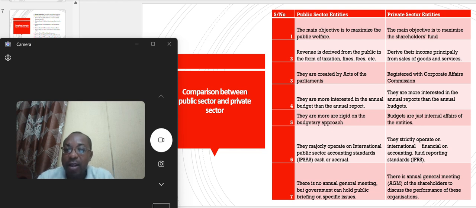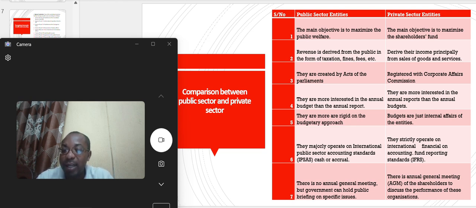Then another difference between public sector entities and private sector entities is what creates them. Public sector entities are created by Acts of Parliament. Acts of Parliament are laws enacted by the National Assembly.